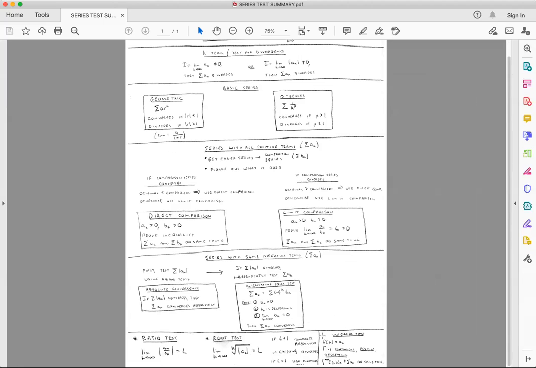The primary times that you're going to use the ratio test is when you have all multiplication and division, when you have factorials, and/or when you have exponentials where the base is not just -1 or 1.